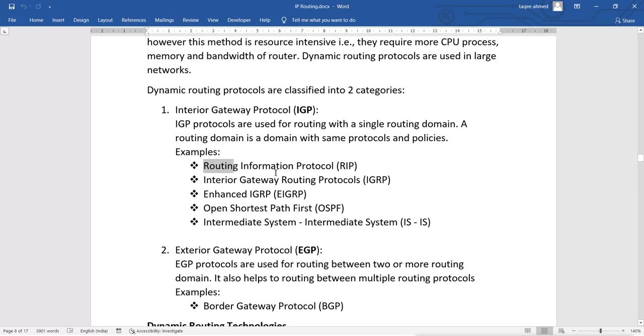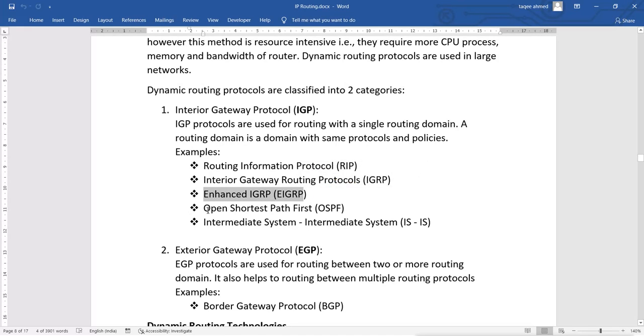These protocols are like RIP. RIP means Routing Information Protocol. We have Interior Gateway Routing Protocol, IGRP. Then we have Enhanced IGRP, that is Enhanced Interior Gateway Routing Protocol. IGRP is the old one, and now we have the enhanced one, so nobody uses IGRP now, because we have EIGRP.